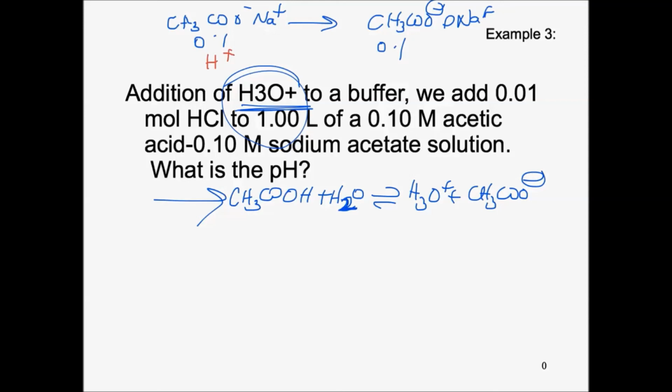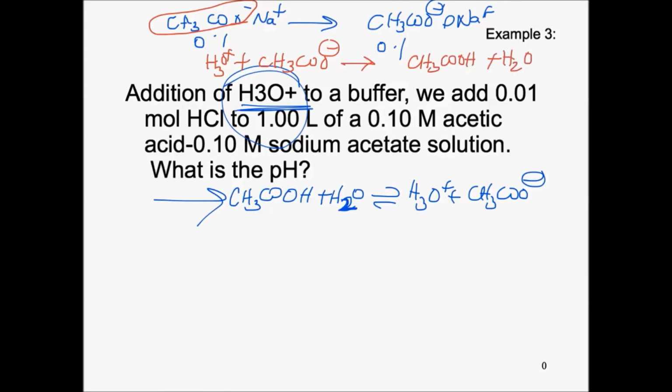That H plus is now going to react with acetate. So hydronium plus CH3COO negative is going to give you CH3COOH and water. What does that tell you?